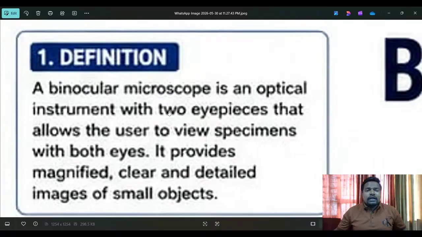It is clear. Now I'm going to read out the definition of the microscope. A binocular microscope is an optical instrument with two eyepieces that allows the user to view specimens with both eyes. It provides magnified, clear, and detailed images of small objects. Very simple.